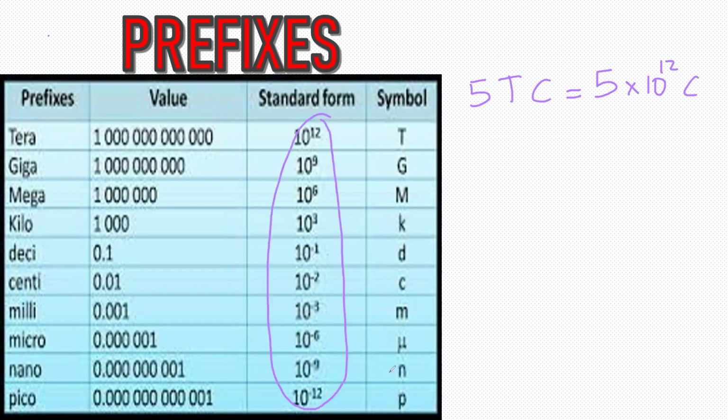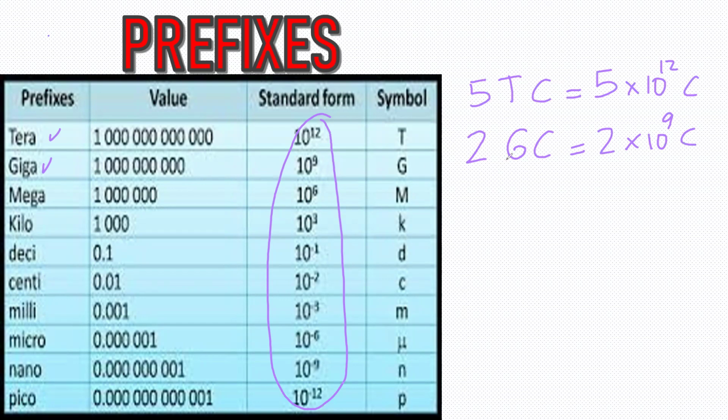Tera is 10 to the power of 12. If I have 2 GC, that is 2 times 10 to the power of 9 coulombs. You also know gigabytes and megabytes, so this is not just electrostatics.